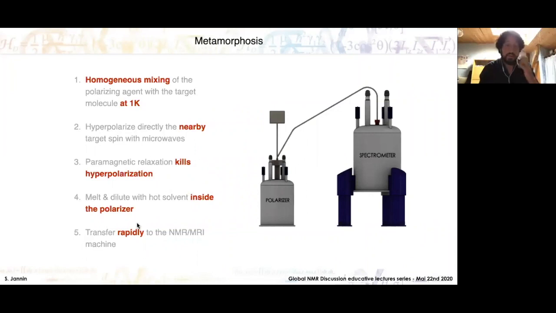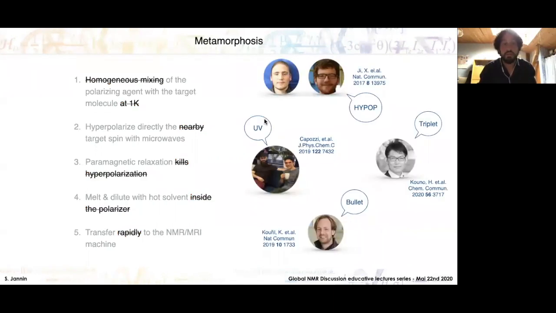Because of that, dissolution DNP has been limited in its applications and its democratization. It's been limited to a small number of groups that could have the hardware and the skills. But since a few years, a few groups are coming up with new ideas and new ways to reinvent dissolution DNP and to solve these issues.